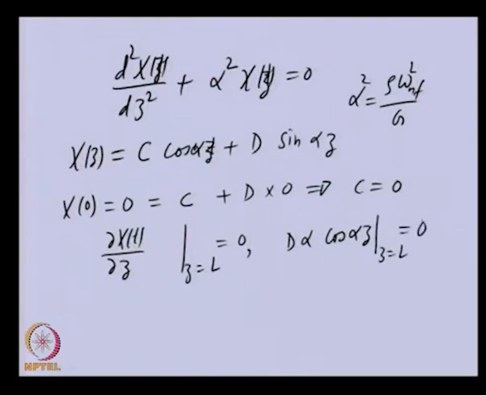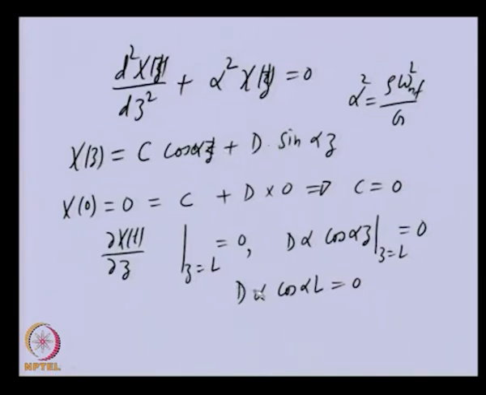So, if we substitute d alpha cos, instead of z we write L, is equal to 0. You can see either d is 0, then the whole motion will be 0, because c is already 0. If d is 0, motion will not take place, we are not interested in that. So, d cannot be 0.